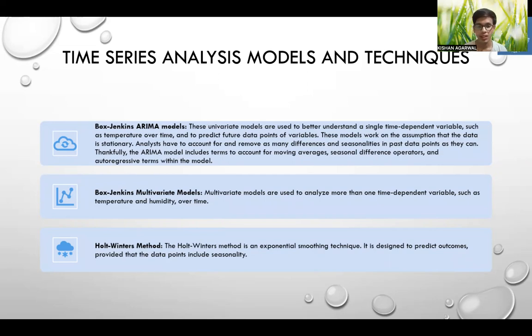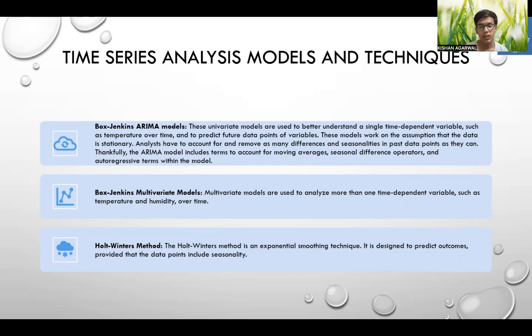Next is the Box-Jenkins multivariate model. What is a multivariate model? It is used to analyze more than one time dependent variable such as temperature and humidity over time. Holt-Winters method or model. The Holt-Winters method is an exponential smoothing technique.